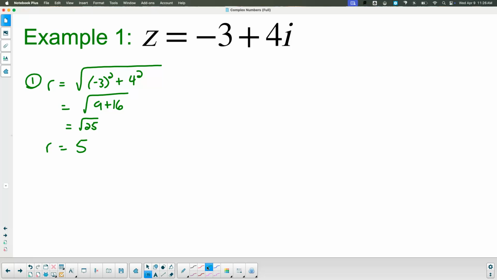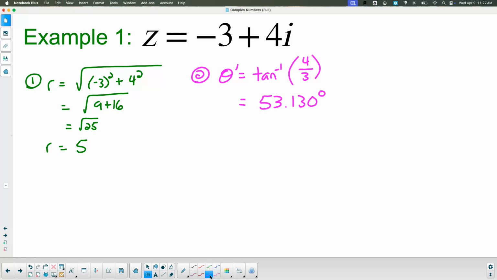Okay? What's the other thing we got to find? We got to find theta. Now, since we're not in quadrant number 1, that means we're actually going to have to find theta prime first. That's going to be the inverse tangent of 4/3. What do we get for a reference angle? Which quadrant is this complex number actually in?